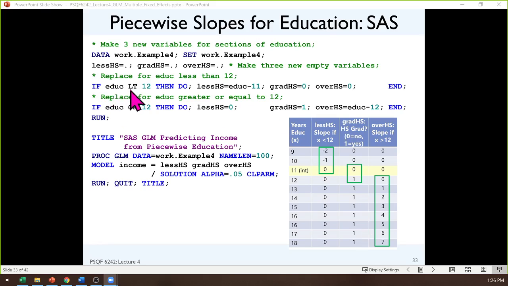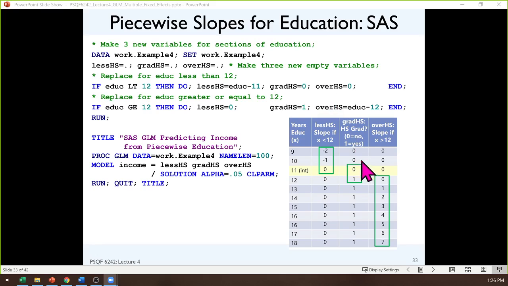So if education is less than 12, that's what LT stands for in SAS, then do. So if we're at row 11 or lower, the first column is going to be the original education variable minus 11. So that will cover all the way from education of 2 years, which was the lowest in the sample, up to 11.